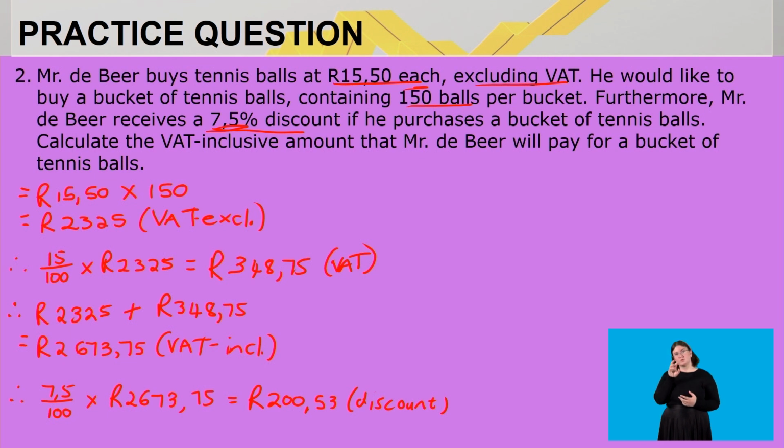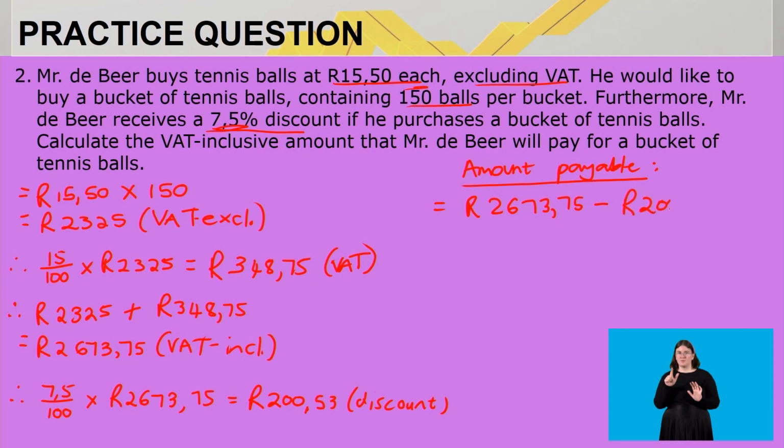So what is the amount then payable? Let me write that. The amount payable after taking all of the given information into account. Okay, so the amount payable, I will take my VAT inclusive amount, 2,673 Rand 75 cents, minus my discount of 200 Rand and 53 cents.